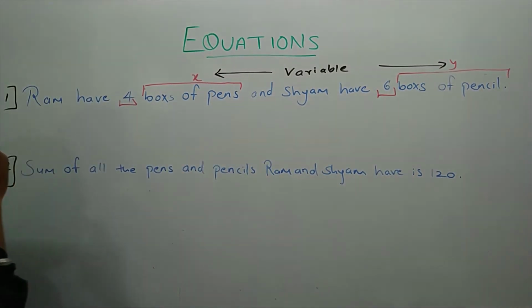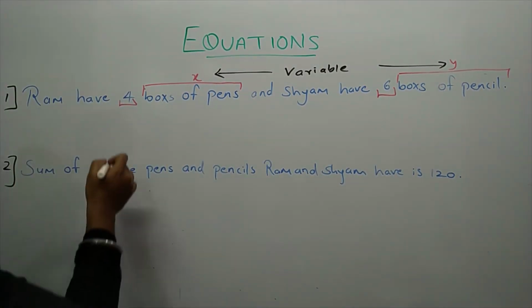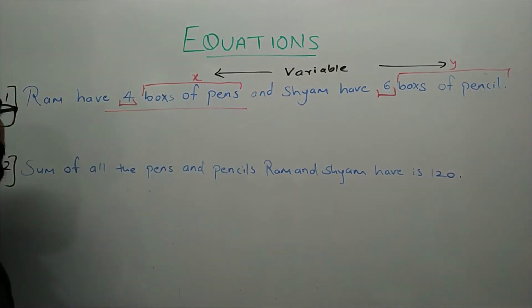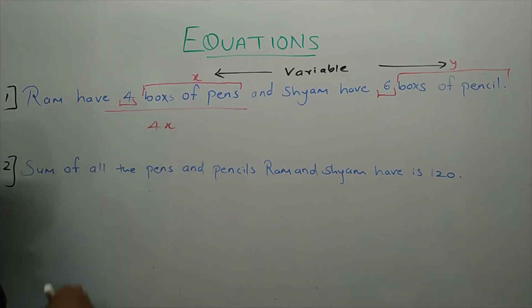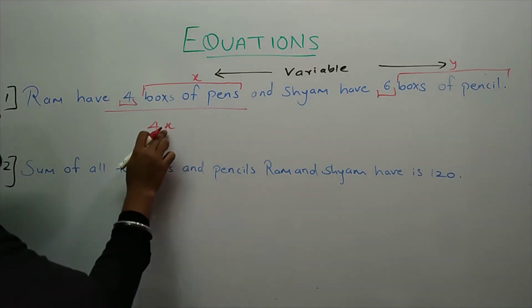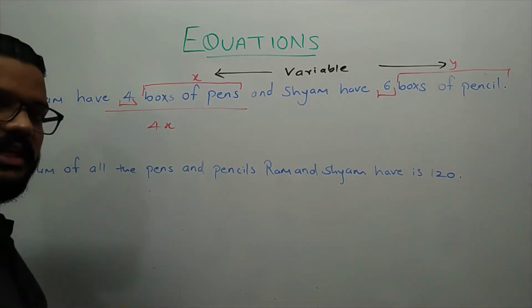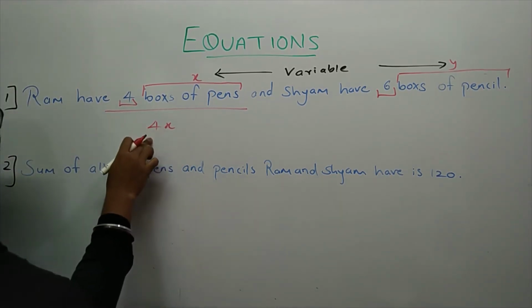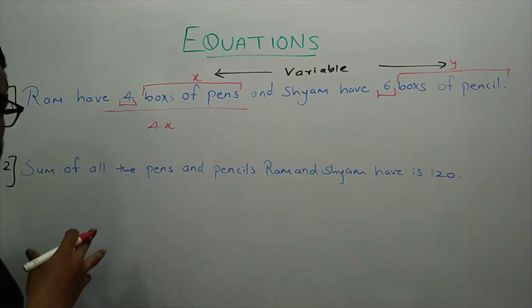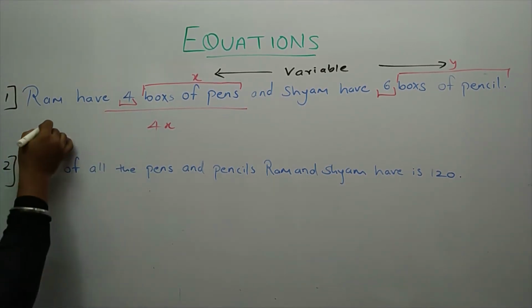Now if somebody comes and asks me how many pens Ram has, I would say Ram has 4x. Why am I writing 4x? Because say for example Ram has a box which is containing 5 pencils or 5 pens. So 5 into 4 is the total amount of pens Ram has.